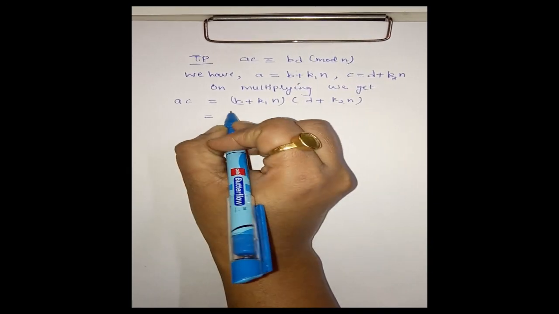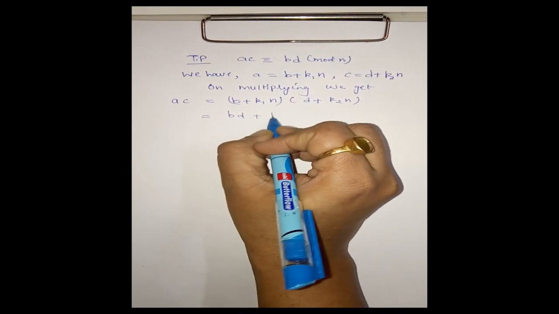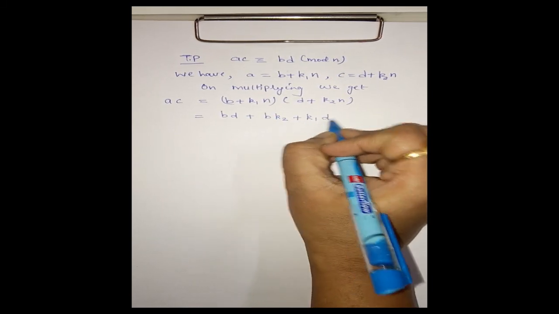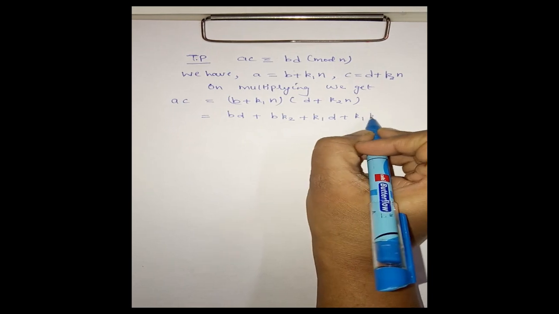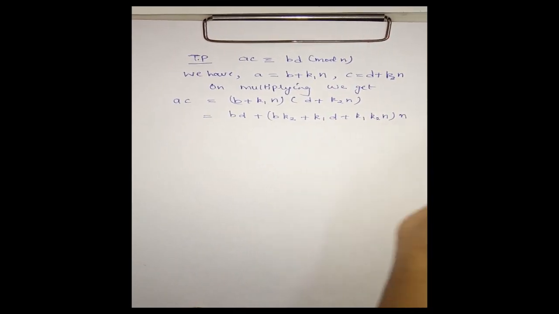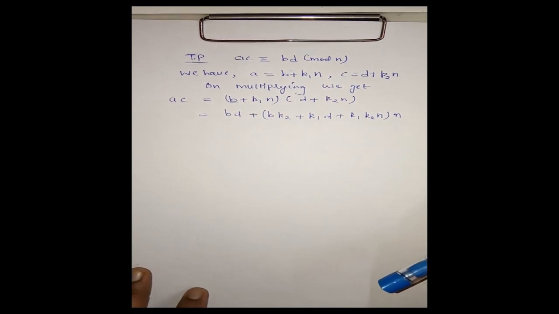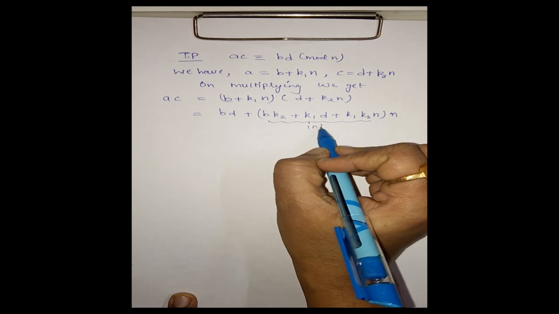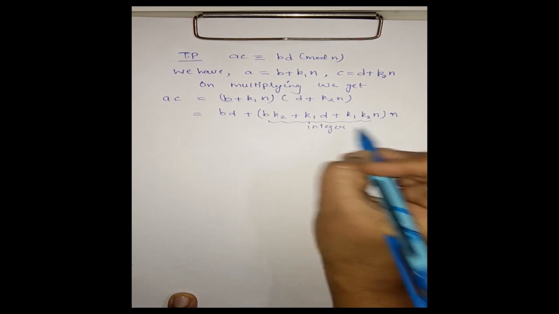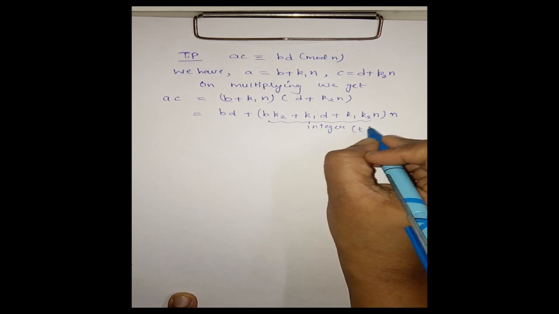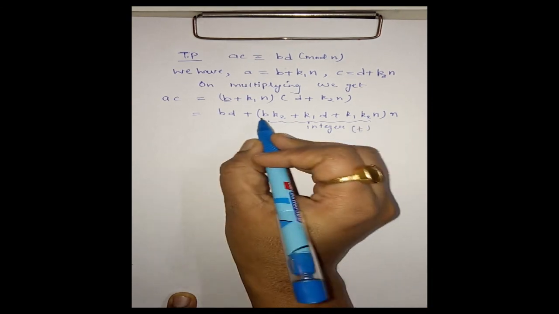This will give us BD plus BK2 plus K1D plus K1K2N square, or we can write this as this. Now this is an integer. Let it be equal to t, some integer. All these are integers.